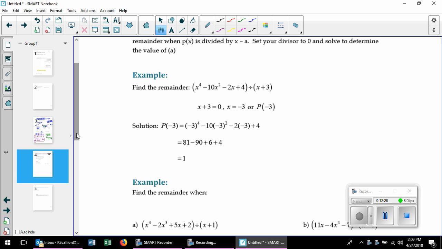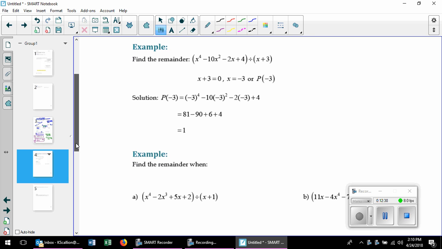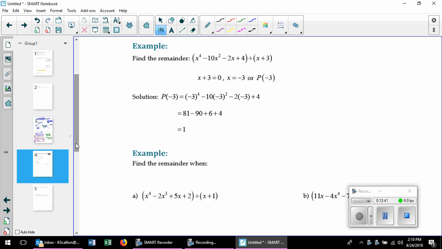Okay. So the remainder theorem is when I ask you, find the remainder. If I were to divide these, what would the remainder be? This is going to come in handy a little bit later when I'm asking you to factor something. So if I say find the remainder, what I want you to do is step 1, find the NPV. What's the NPV? Is it over here or is it over here? Dividend or divisor? Divisor. So in this case, it's x equals -3.